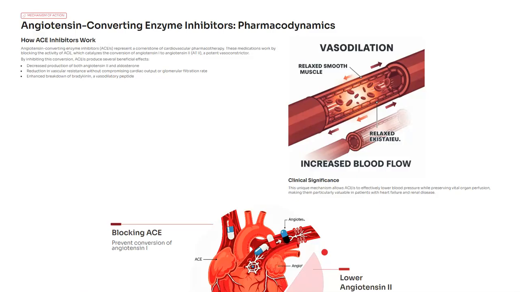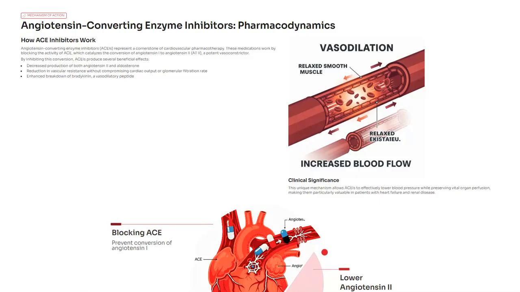And what these medicines do is they block the activity of ACE, which catalyzes the conversion of angiotensin 1 to angiotensin 2. And that's a very potent vasoconstrictor. So by inhibiting this conversion, the angiotensin converting enzyme inhibitors produce several benefits.